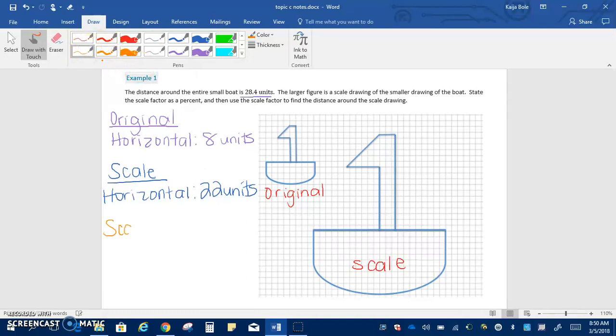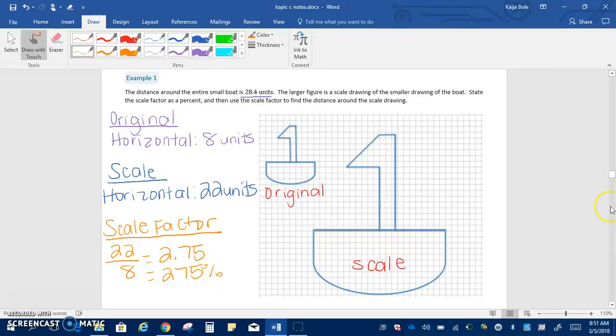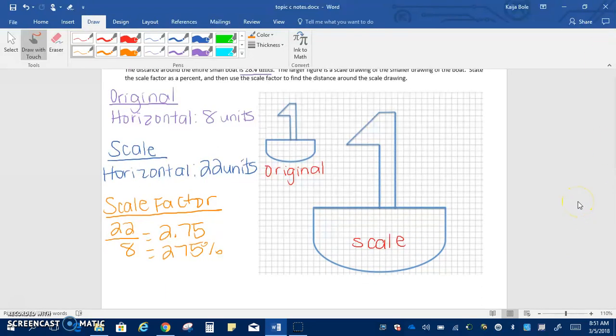So when we go to do our scale factor, remember that it's always scale over the original, so it's going to be 22 over 8, and when you divide that you get 2.75, which is the same thing as 275%. Okay, but that's not what the question is asking us for. The question is asking us to use that to help us find the distance around the scale drawing.